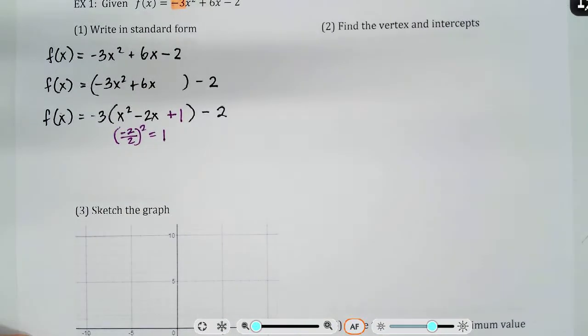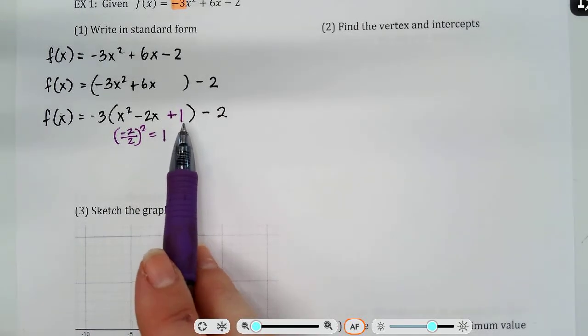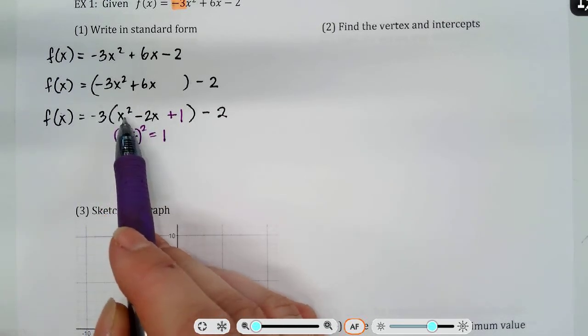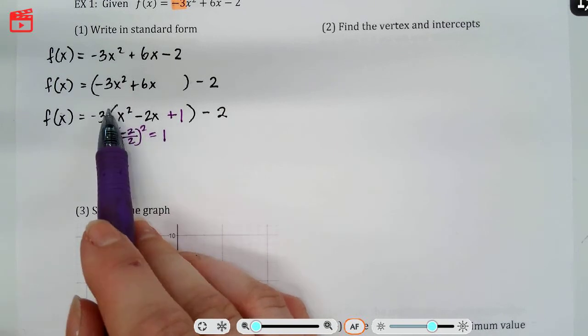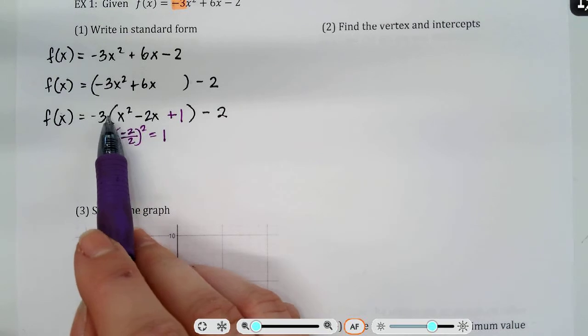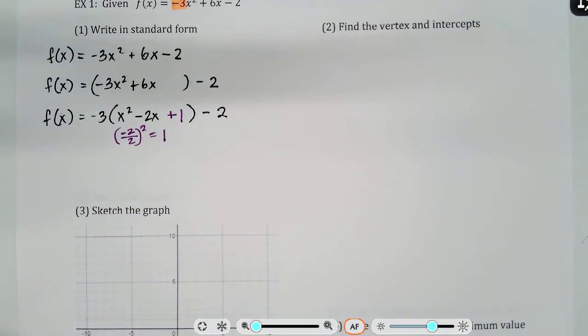But now I have to be careful. When I'm balancing out my equation, ask yourself this: did I really just add 1 to this problem? Well, if I was to FOIL this back out, that'd be negative 3 times x squared, so negative 3x squared. Negative 3 times negative 2x, which would give me the positive 6x. And then that would be negative 3 times 1. So let me put that on a sticky note.